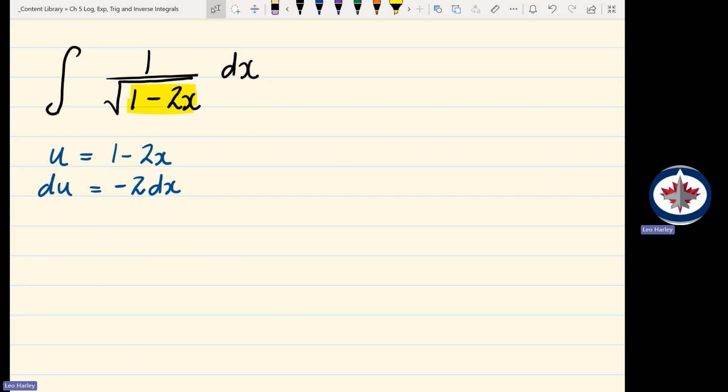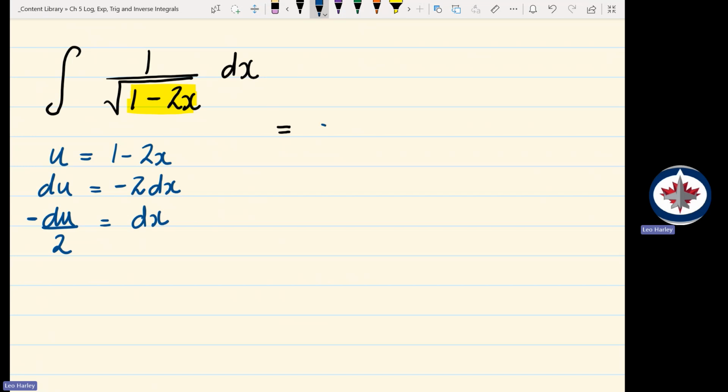It would be different if we were working with a function that has a dynamic rate of change. So when I rewrite this, I'm going to factor out, I'll rewrite this properly, Mr. Harley. So this is du over -2. I'll just write it as minus like that. That's our replacement for dx.